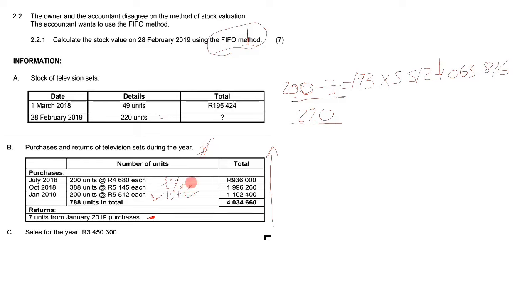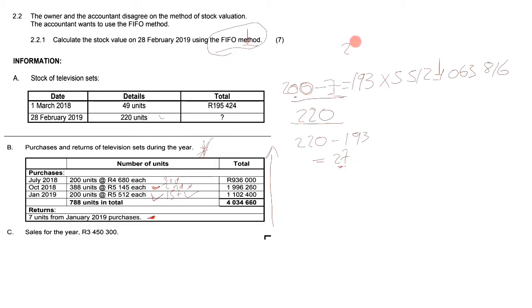Now moving right along, so you are sorted with your first year. We move to our second year, which is October. Remember, in January we said on these 220 units you decided to take out 193. What is left? How many units are left? 27. So now in October we are only looking at 27 units.